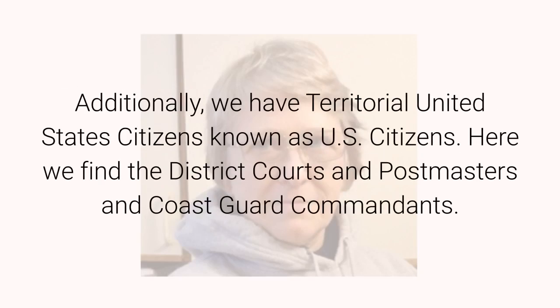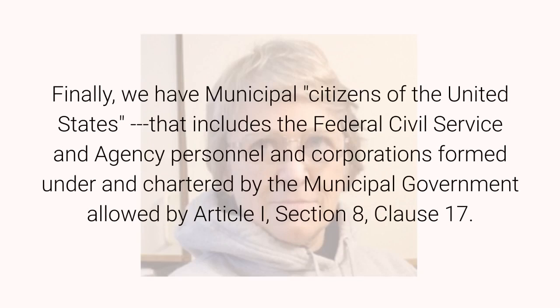Additionally, we have territorial United States citizens known as U.S. citizens. Here we find the district courts and postmasters and Coast Guard commandants. Finally, we have municipal citizens of the United States, that includes the federal civil service and agency personnel and corporations formed under and chartered by the municipal government allowed by Article 1, Section 8, Clause 17.